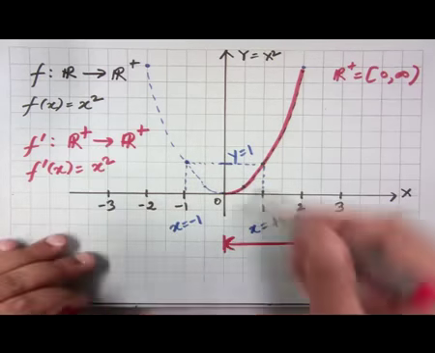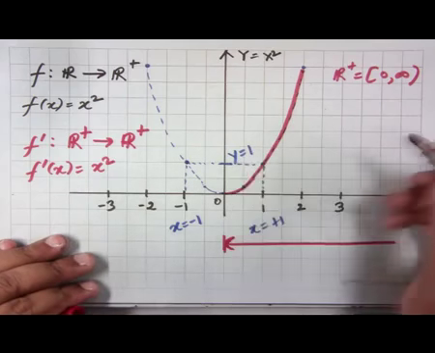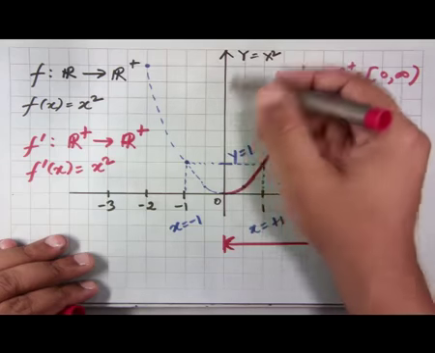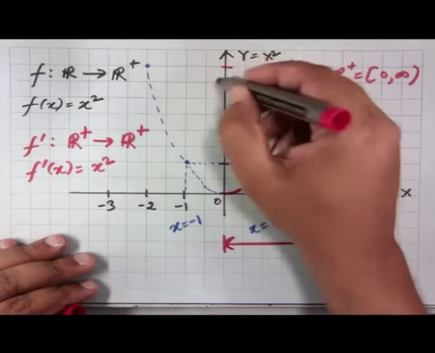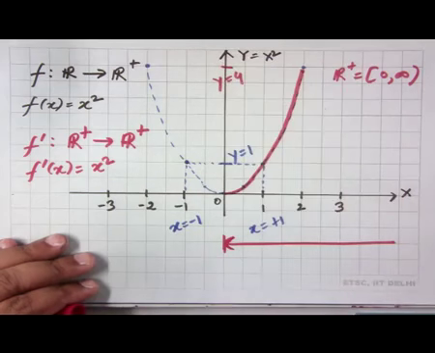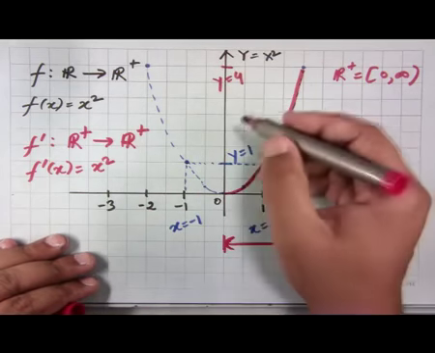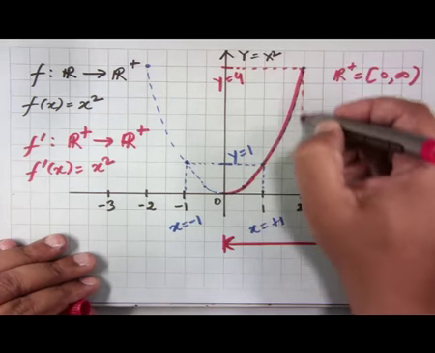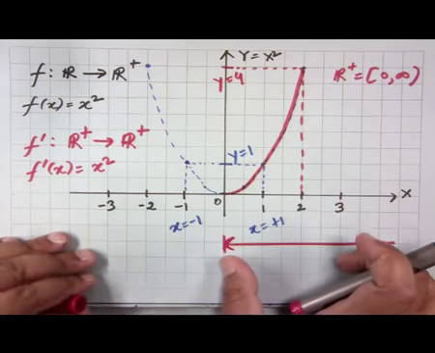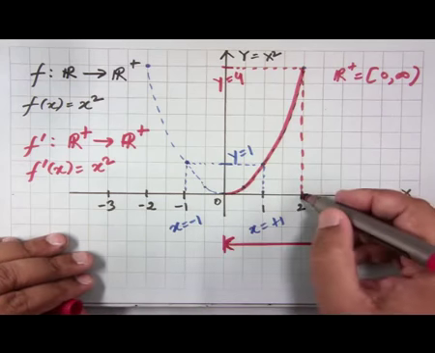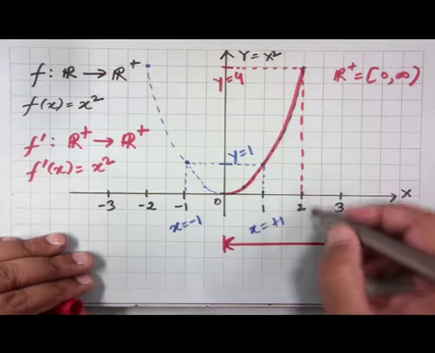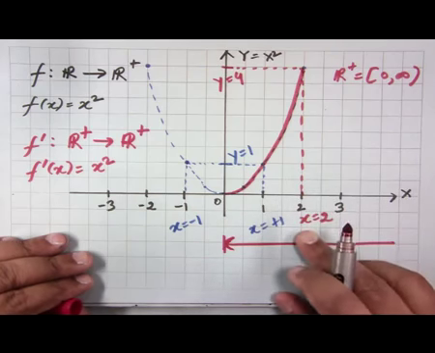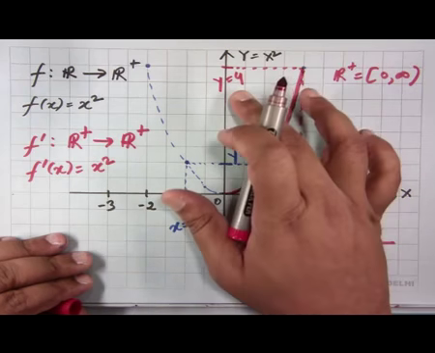And now, if we take any value, let us say this is y equal to 1, 2, 3, let us say 4 here. So, if we take y equal to 4, then we see that with the restricted domain, there is only one unique value of x, which is x equal to 2, for which f prime of x is equal to 4.